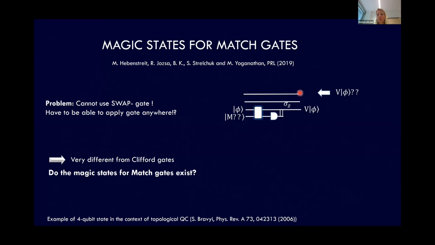So I cannot easily do that because the swap is not contained in my free gate set. So I cannot use the swap gate to do that. So this is why the situation here changes completely compared to the Clifford gates.